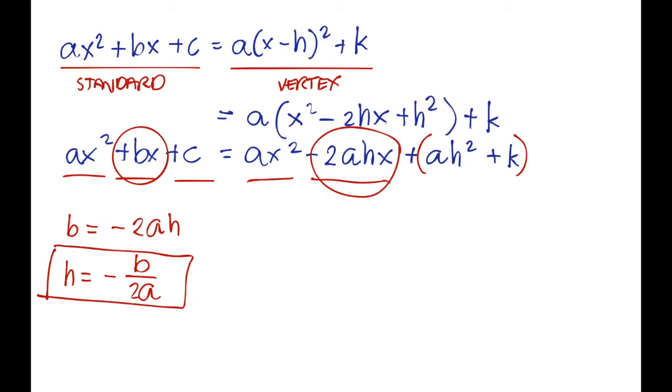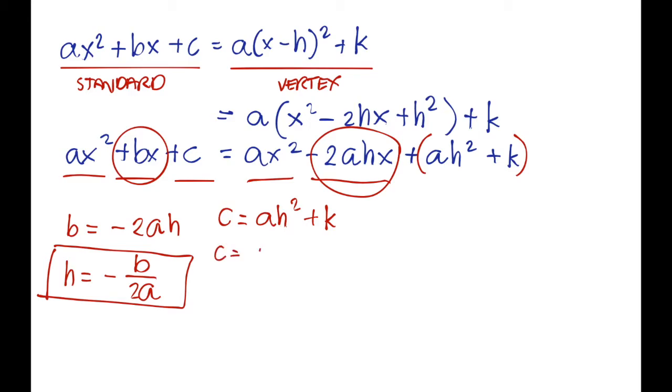Okay, so now for the k. Our c is equal to these guys here. So we are going to write it as c is equal to ah squared plus k. And we know that h is equal to this one, so we are going to replace that.